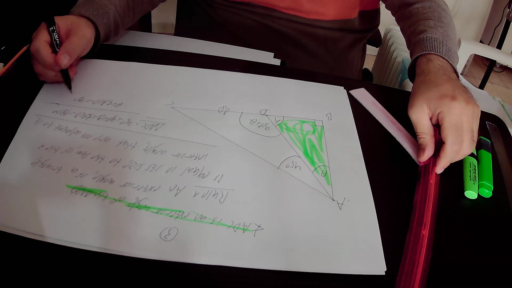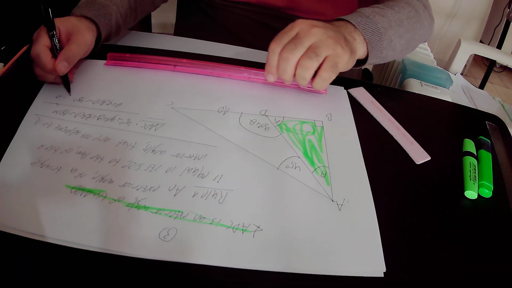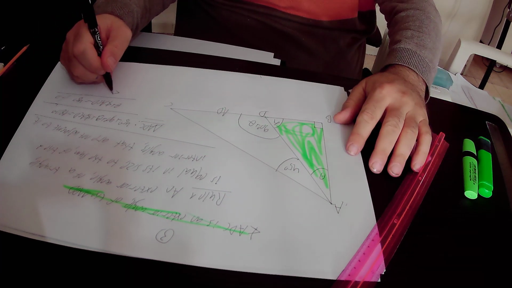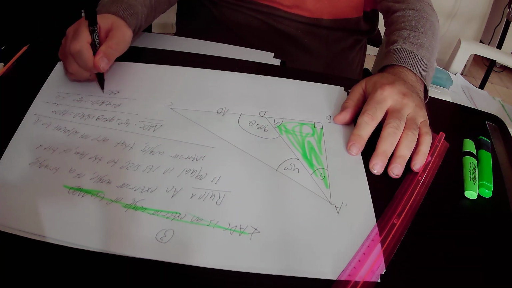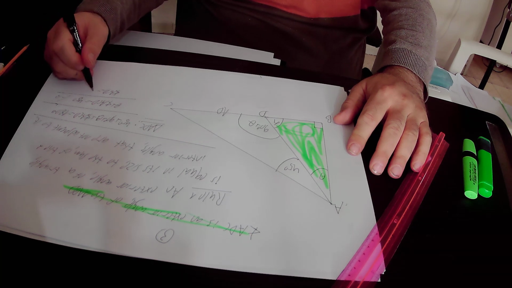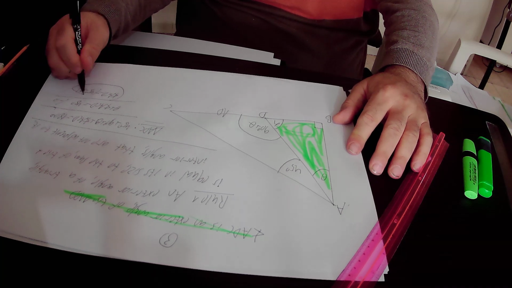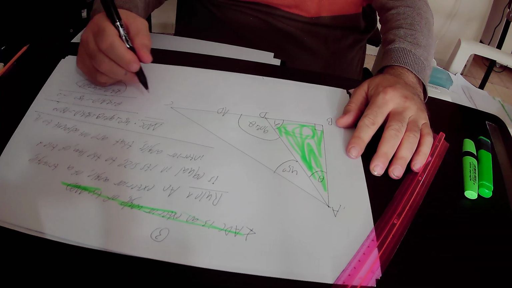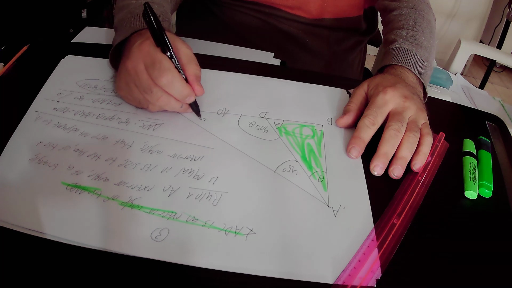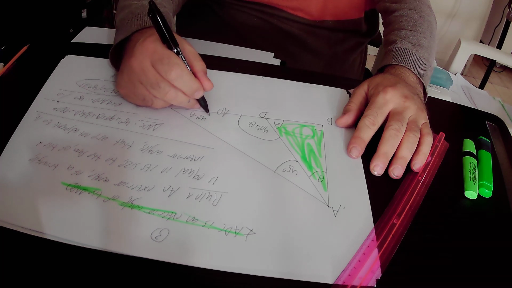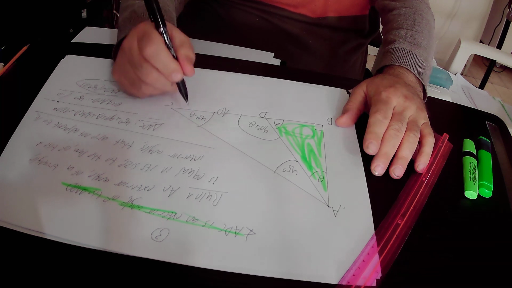Here we'll subtract theta from this equation, and we'll get that the missing angle, angle ACD, is equal to 45 degrees minus theta. So we found that angle ACD equals 45 degrees minus theta.